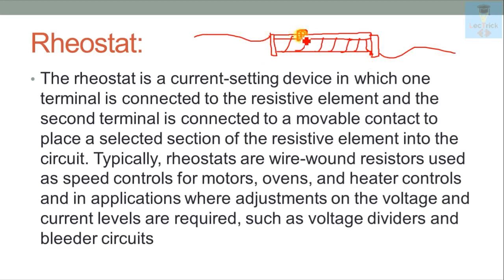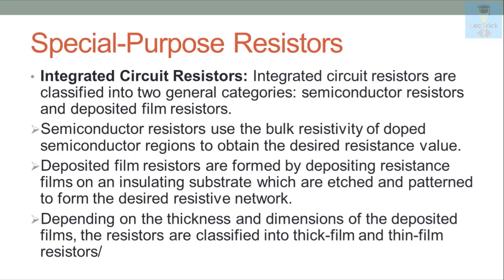So when the sliding contact is moving, for example, when current is flowing from here, you will get more resistance value. Then what if this movable point comes to here? Then there will be very little resistance applied.